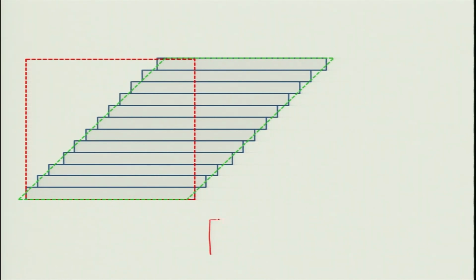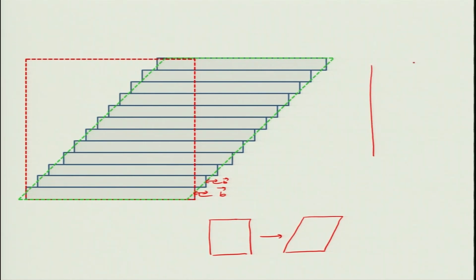You have gone from this shape to this shape, and each of these steps, by the way, is nothing but the Burgers vector. So, this is the Burgers vector. Multiple Burgers vectors are created on the surface, and that is why the slipped crystals will look something like this.